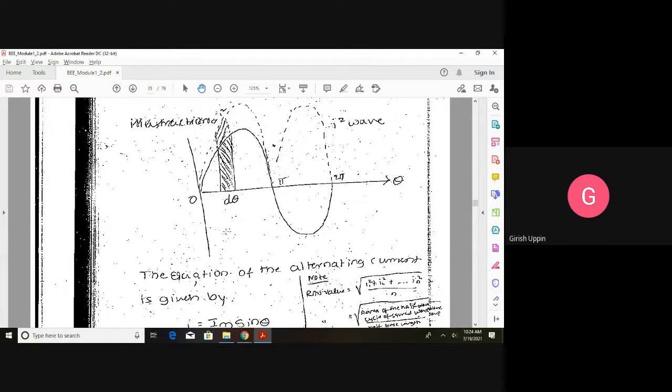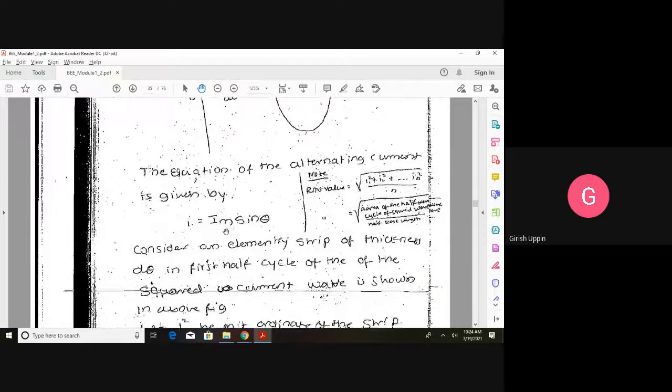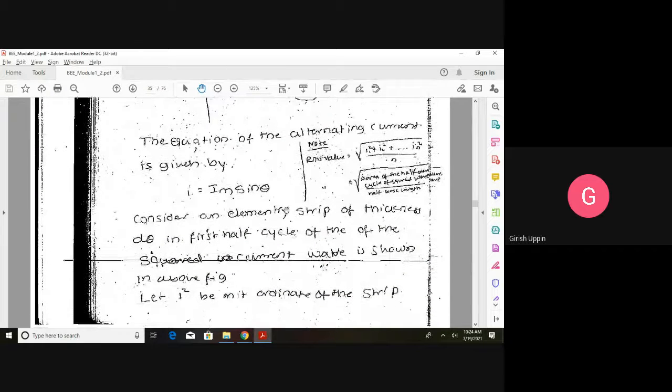That is the sample method, taking the instantaneous values at different instants of time. Or the RMS value is also equal to the area of the half cycle of the squared waveform divided by the half cycle time base, that is pi.